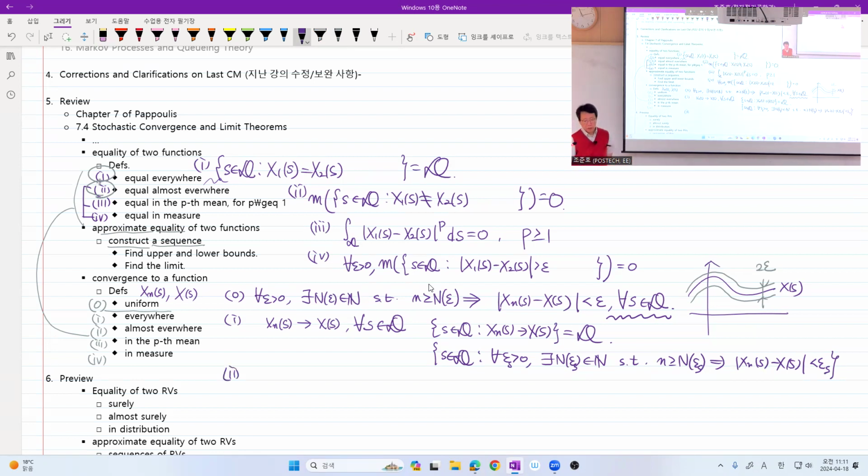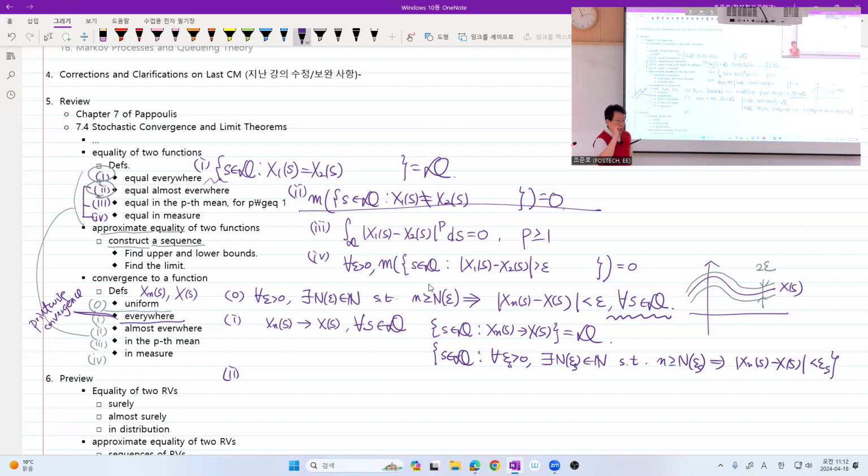Second, convergence almost everywhere means that we take the measure of the set on which the function does not converge pointwise. By the way, everywhere convergence is also called pointwise convergence. Because for every point or every value in the domain, we have convergence of a sequence of real numbers in this case.